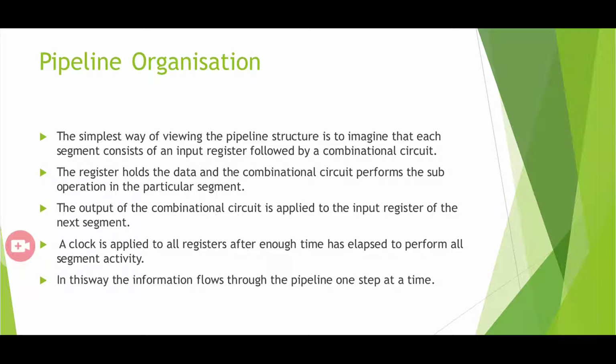And why are we using a register here? They can hold the data and the combinational circuit can perform the operation. The output of this combinational circuit is applied to the input register of the next segment.